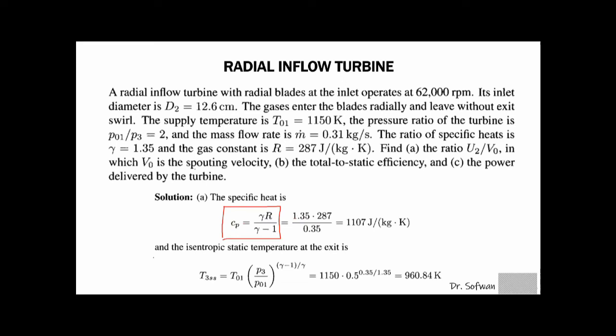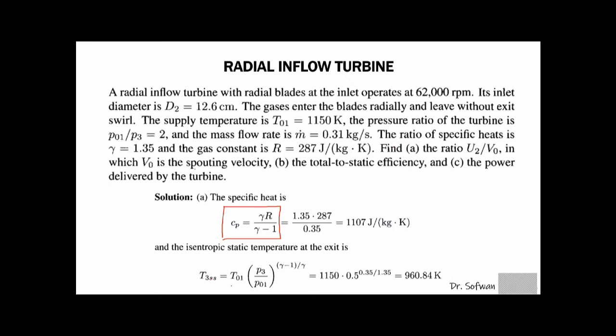Next, the isentropic static temperature at the exit is T3SS. We don't know it, but we can calculate T3SS using the values given in the question.